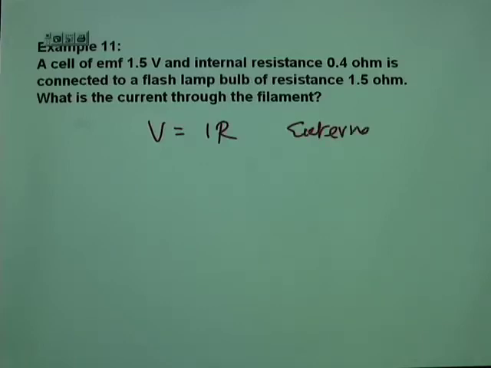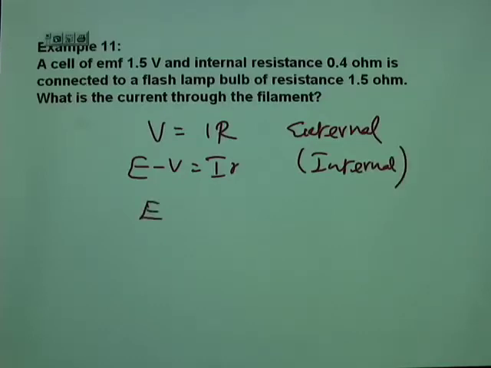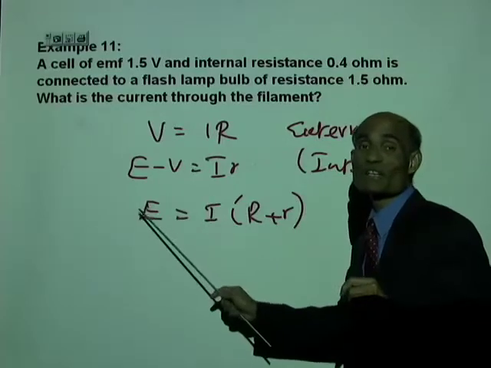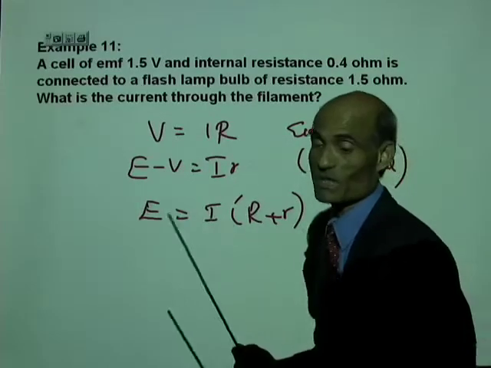E minus V equal to I times small r is the internal. And if you add the two, E equal to I times (R plus r) is the total circuit. So you have the external circuit, internal circuit, and the whole circuit.